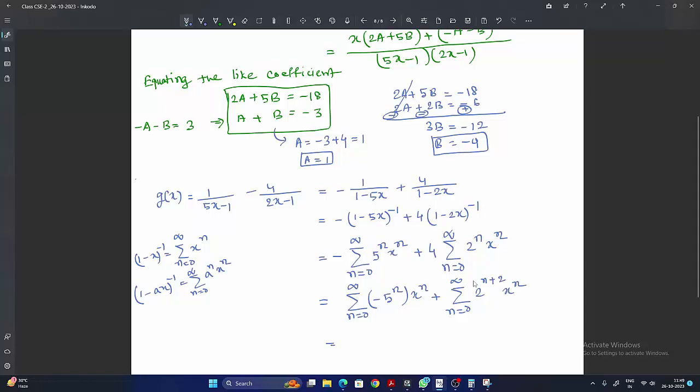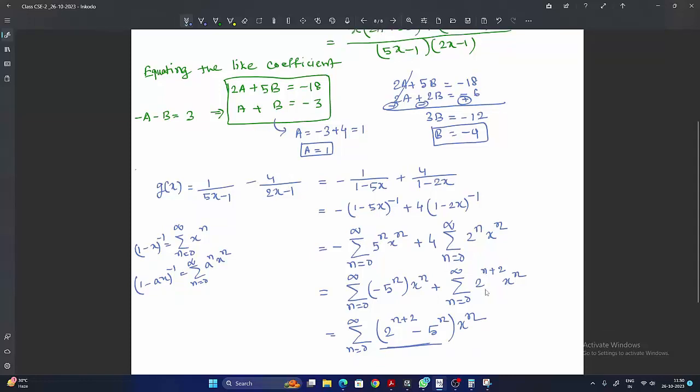So now take these two terms together, taking the positive term first: the sum over n from 0 to infinity of (2 to the power n plus 2 minus 5 to the power n) into x to the power n. So that is your generating series.